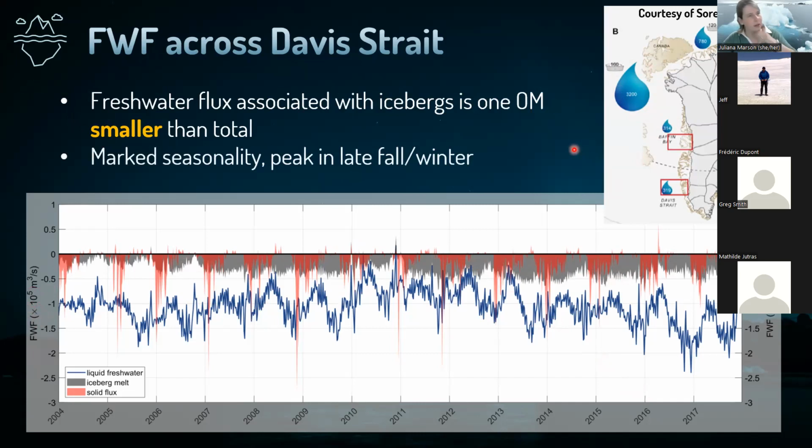The other thing that I want to point out is that we see a marked seasonality for the iceberg transport of freshwater, and this seasonality is slightly different from what you see for the blue line. It peaks in late fall and during winter, as you can see here. And I will soon try to offer some explanation on what is forcing this seasonality of the iceberg transport of freshwater.